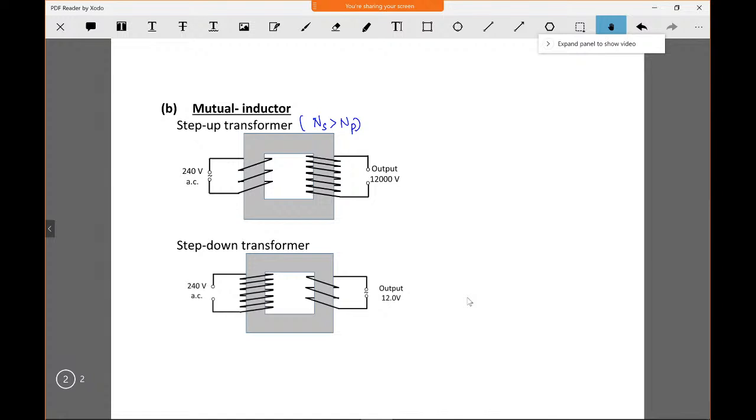When it is a step-down transformer, the secondary coil is lesser than the primary coil. Okay, so both of them share the same equation.